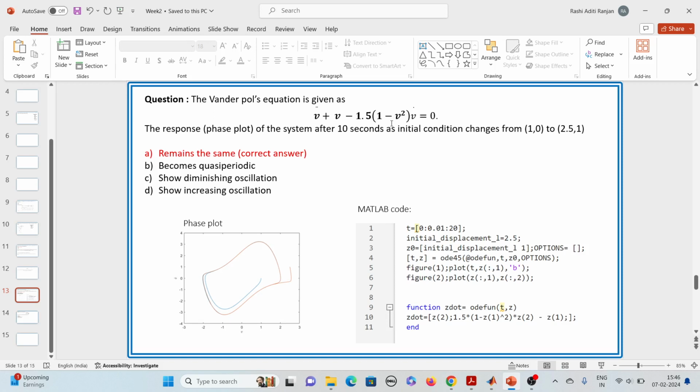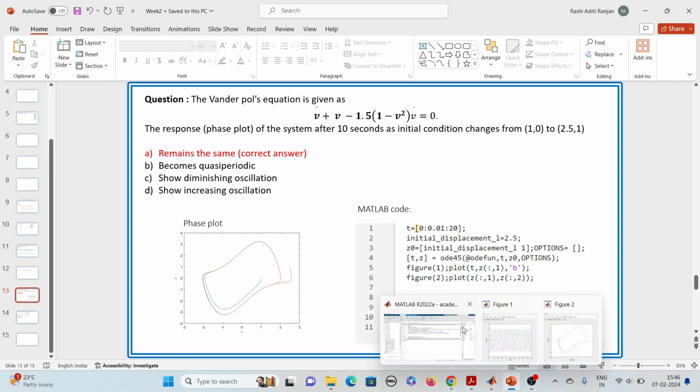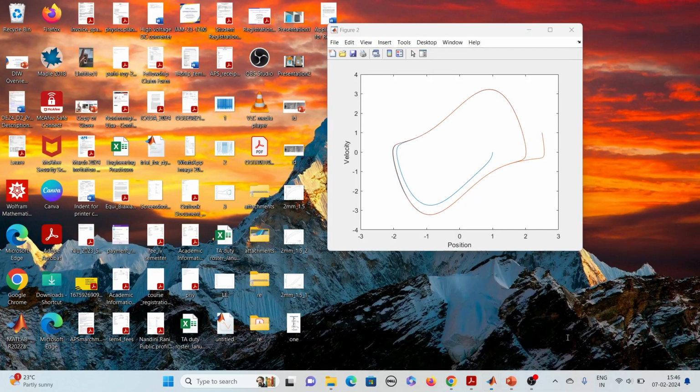So depending upon this v, the damping effect is going to change, right? Because of this change in the damping effect, what is happening? It is forcing the system to follow a particular path. So if I am giving it an initial condition which is outside of that phase plot, I'll explain with this figure.